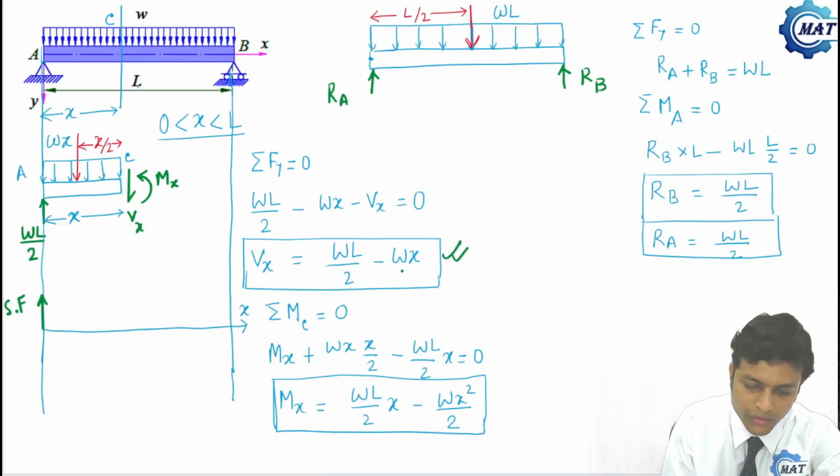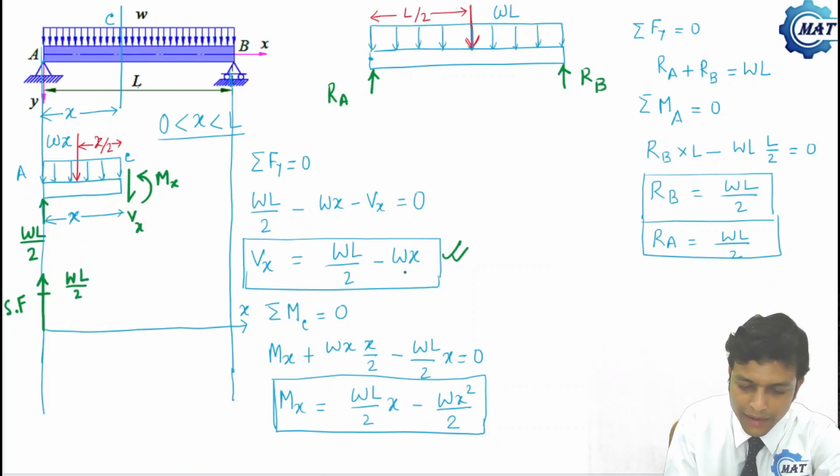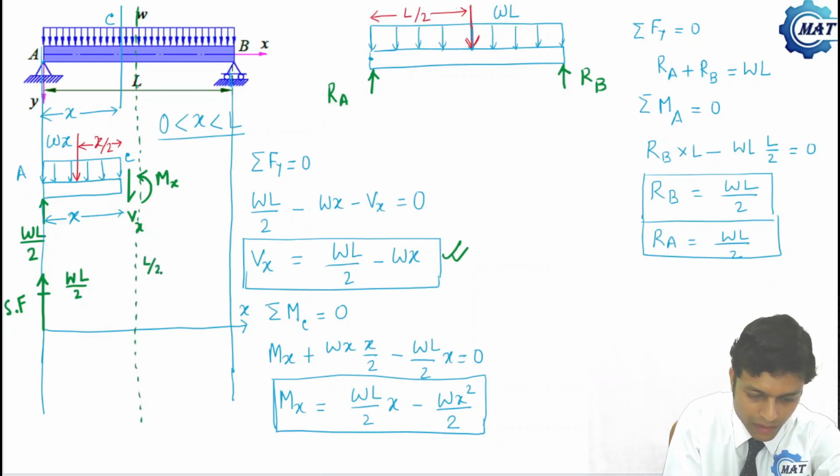When x equals 0, then Vx is wL by 2. Say this is wL by 2. And it varies linearly with x, and we can see if x equals L by 2, then Vx becomes 0. Say this is the line for x equal to L by 2.